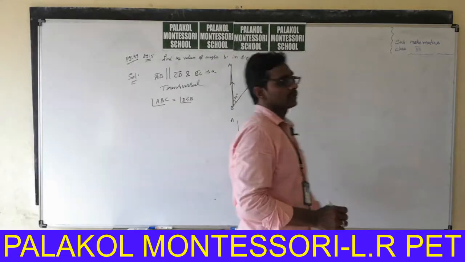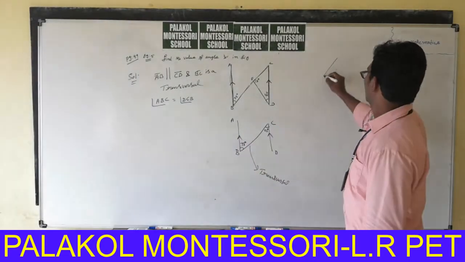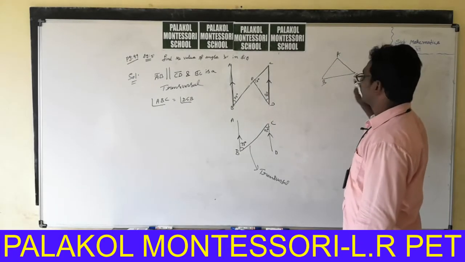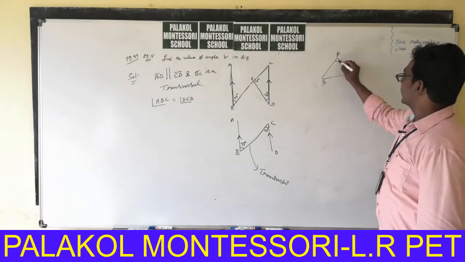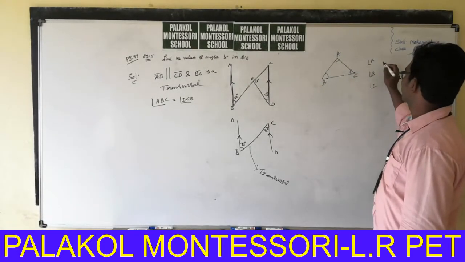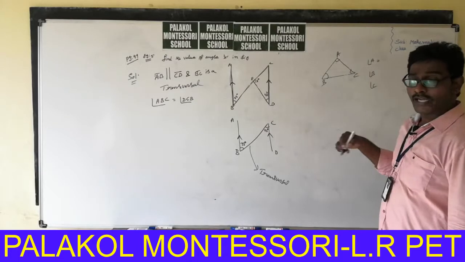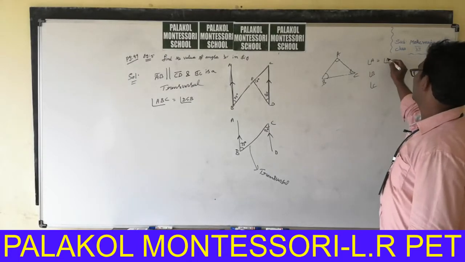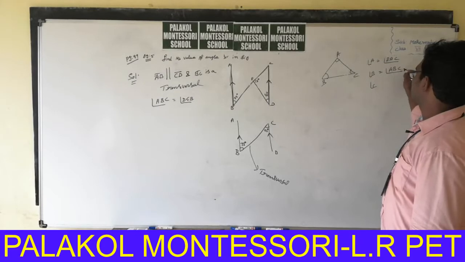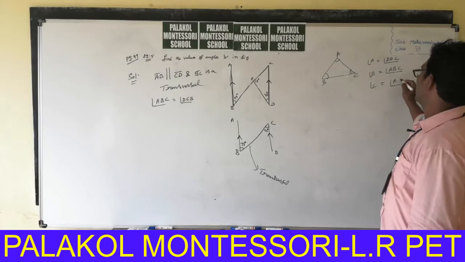Wait, guys, come to the point. I draw one triangle ABC. Simply you write this angle A, angle B, angle C. Angle A, you can write another way, angle BAC; angle B, angle ABC; angle C, angle ACB.